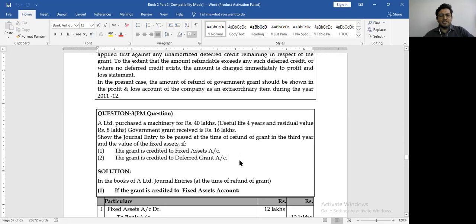Okay, put your first statement. Let's solve this. Put your first statement. As per accounting standard 12 government grants.